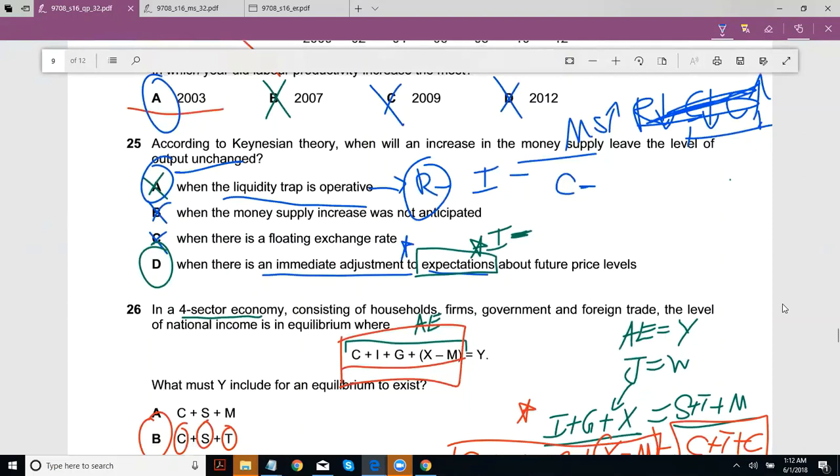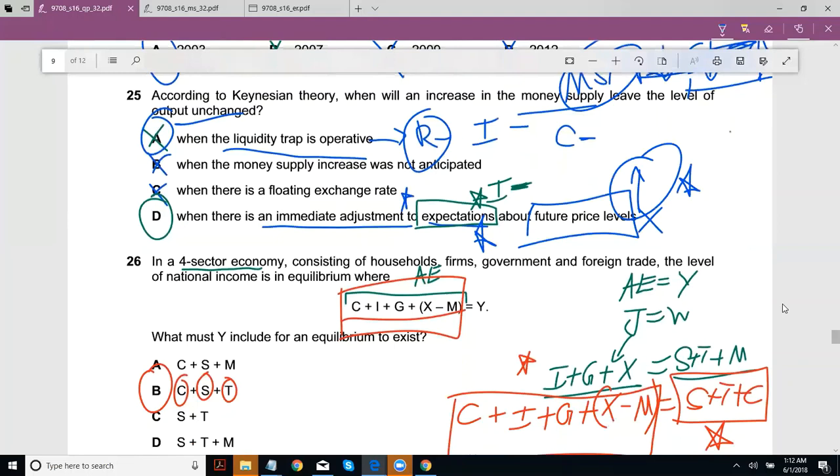And again, the reason you shouldn't go on your hunches is that just because it's expectations doesn't mean it's going to be right. As we had discussed, we were almost close to that. If we believe that future price levels will rise, which they normally do when you increase money supply, that is inflationary. So future price levels will rise, even if you adjust to it, as Shariar had put out before.